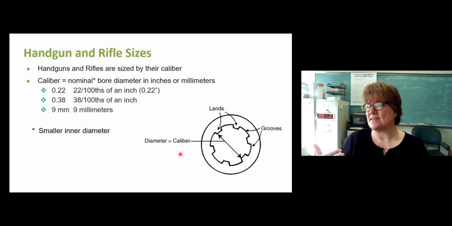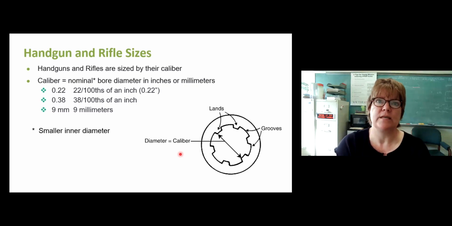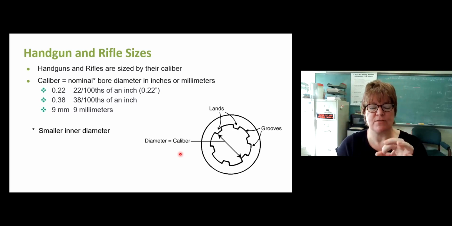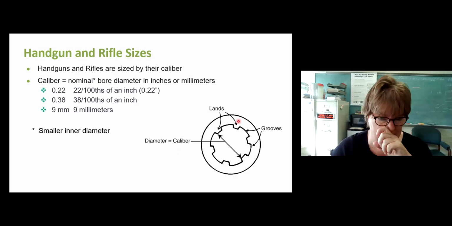Okay, so let's talk about the sizing of these different ones. And again, now we start getting into more general things. For handguns and rifles, we use the same sizing. The caliber is what we call it, and we're talking about the bore of the barrel. That's what's going to determine it.